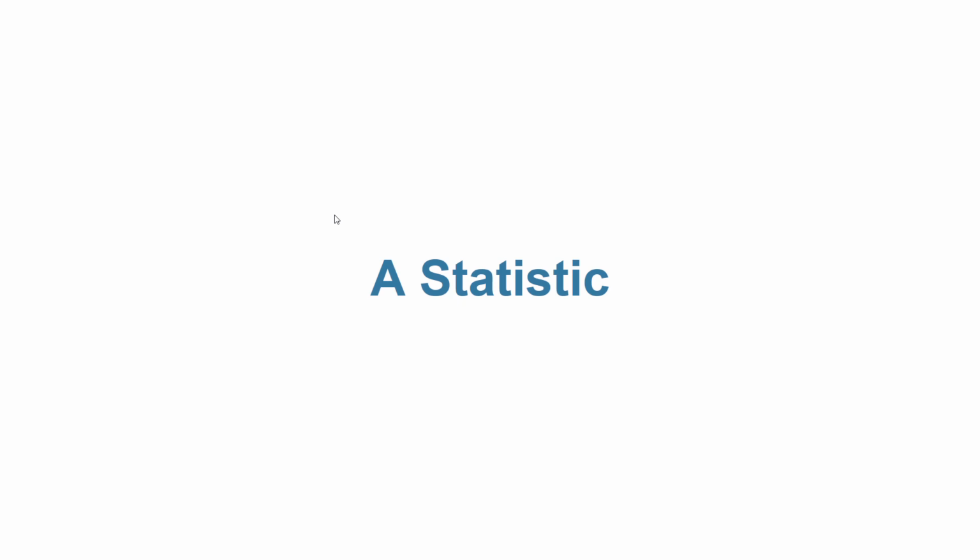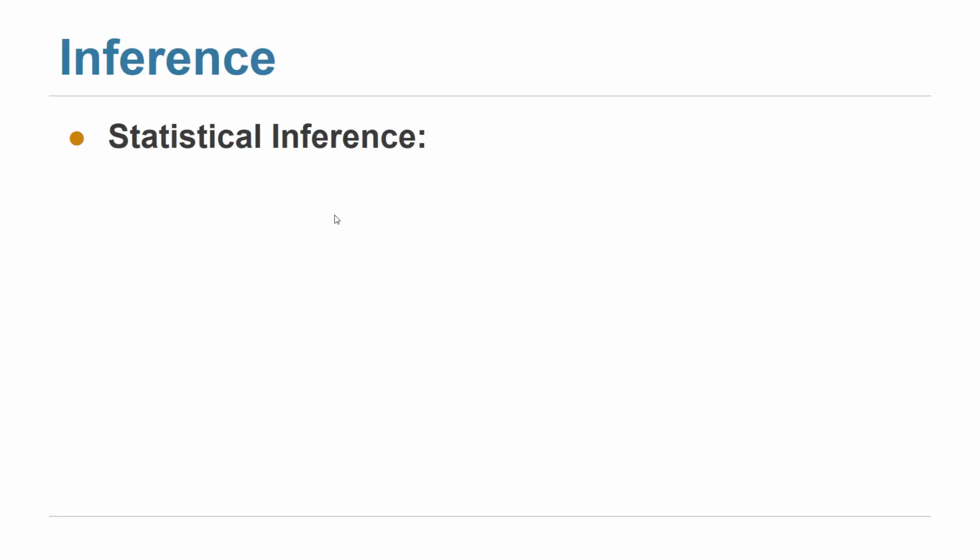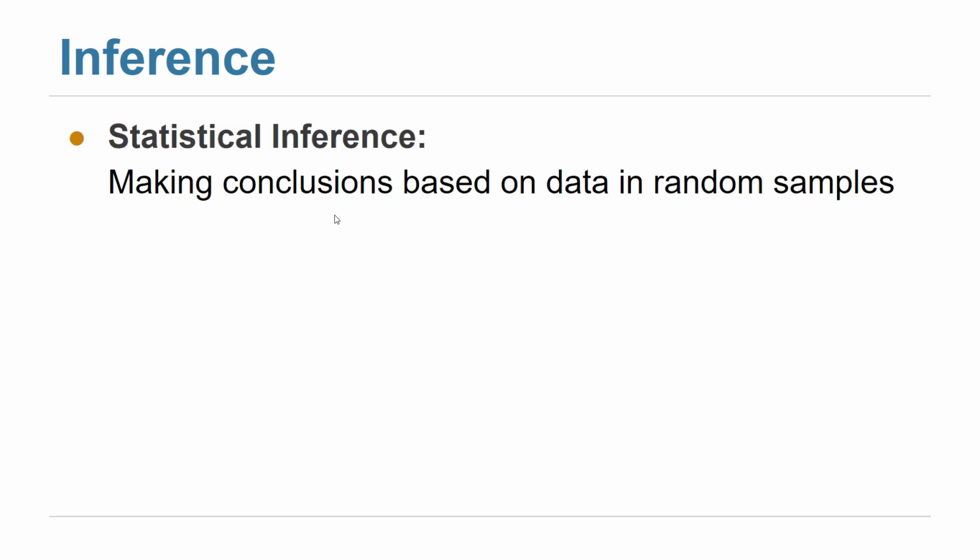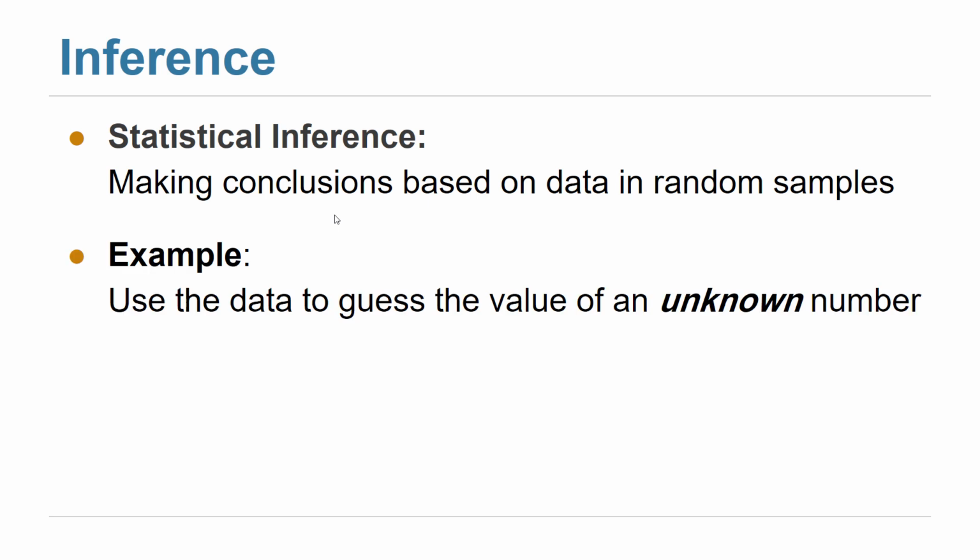Yes. Okay. So statistics and parameters, they are all very connected to inference, and especially statistical inference. Statistical inference is about making conclusions based on data in random samples. For example, we have a data set, and we want to know a specific quantity out of this data set, for example, the average GPA of the students in this class.